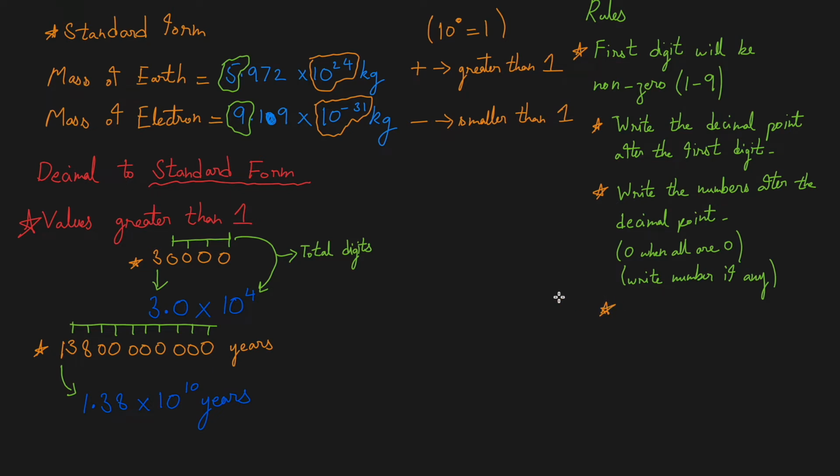These are general rules, so you have to keep that in mind. Now these rules are for values that are greater than 1. Write the numbers after the decimal point.